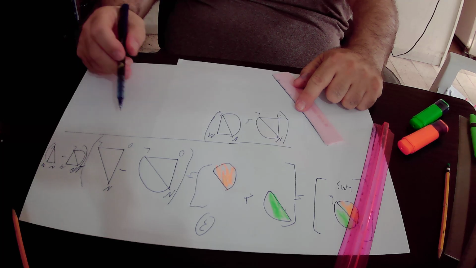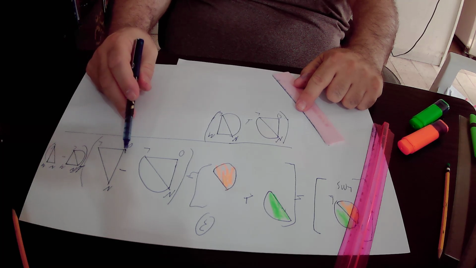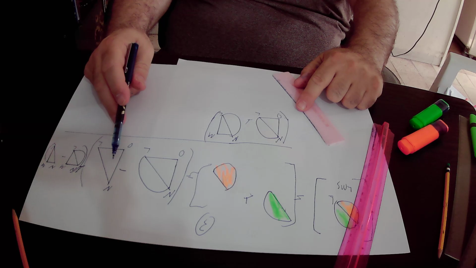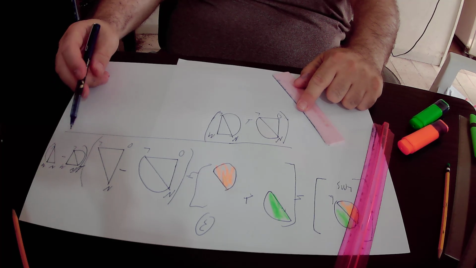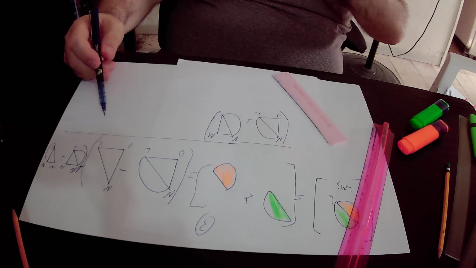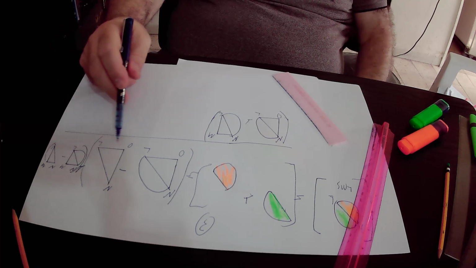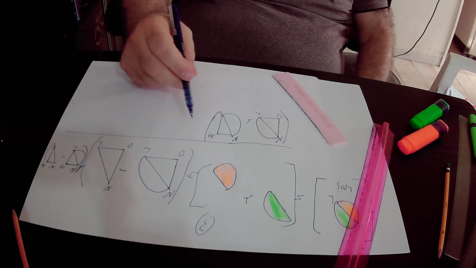And we have the negative sign before the area of the triangle. We have also the negative sign before the area of this triangle, so we have to subtract the sum of the areas of those two triangles.